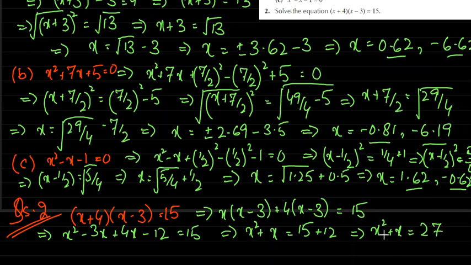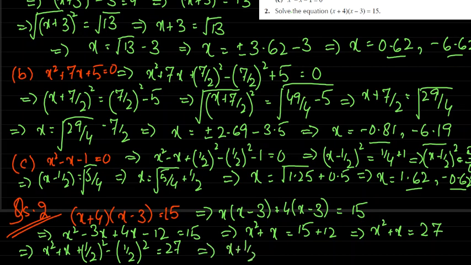is equal to 27. Now again converting it into a plus b whole square, x square plus x plus 1 by 2 whole square. As the coefficient of x is 1, we have to divide by 2, minus 1 by 2 whole square is equal to 27, which means x plus 1 by 2 whole square is equal to 27 plus 1 by 2 whole square.